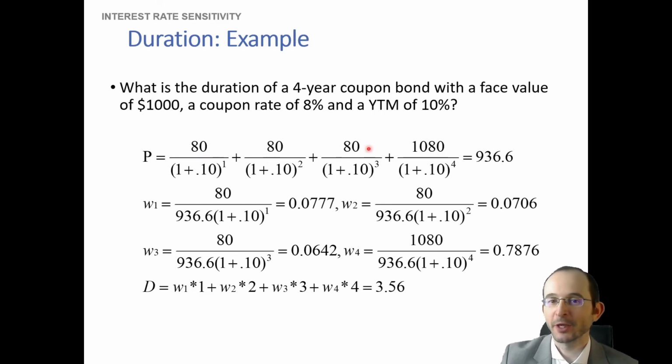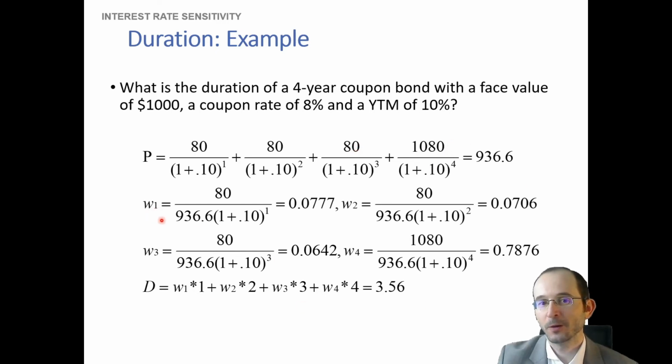Year 2 cash flow, we're going to weight the maturity of 2 by the proportion of that cash flow relative to the total. For year 3, we're going to use that cash flow's proportion relative to the total as the weight for the year 3 maturity, and same for year 4.